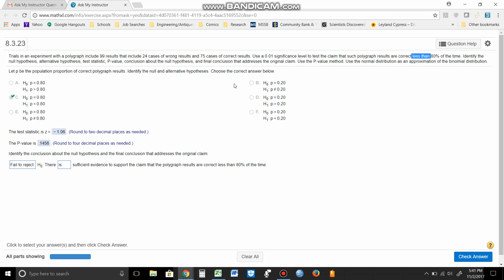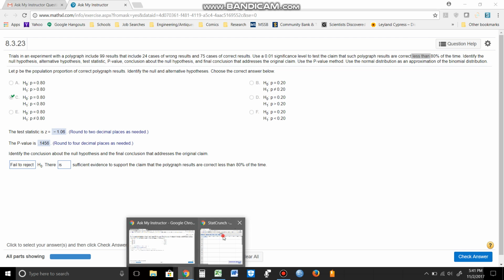So if in the problem statement I see words like less than, more than, or not equal to, in other words, the alternative statement will not include equality. Never will it include equality. Since it says less than 80%, I know the alternative is proportion less than 0.8. The null is proportion equal to 0.8.